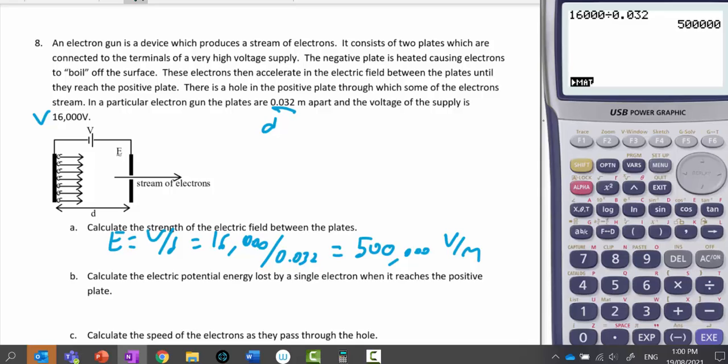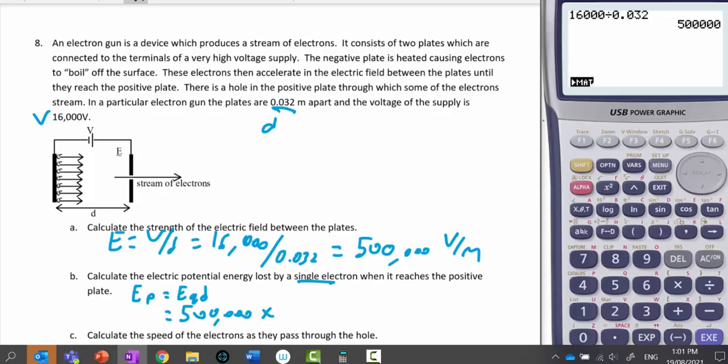Calculate the electric potential energy lost by a single electron when it reaches the positive plate. So again, very similar to the last one, it's going from one plate to the other, and so the distance there is still this distance. They try to mess with you in that case as well, trying to check, do you know which distance to use.